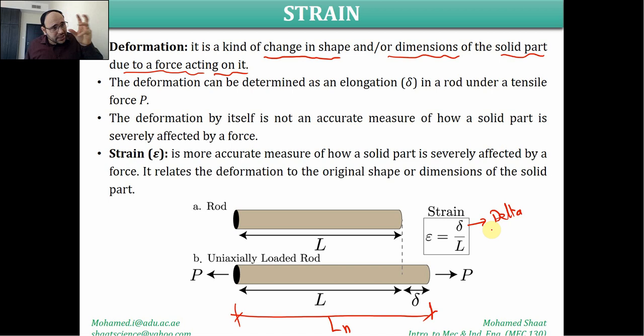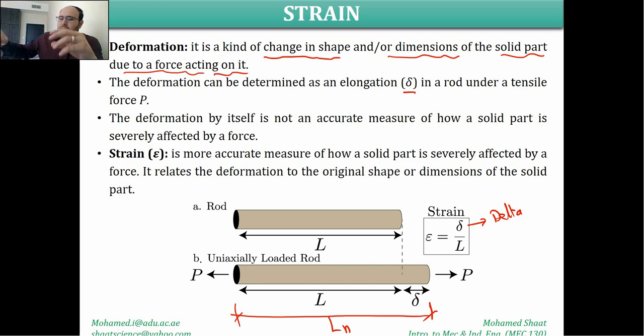This is the deformation, which is measured as elongation in the bar when it is subjected to a tensile force. So the deformation can be determined or measured as an elongation in a bar under a tensile force. Or it could be in other forms, because as I mentioned, this is the simplest form to understand what a deformation is. Here, this delta represents the change in one dimension, a change in the length. The length was L, now it became Ln.